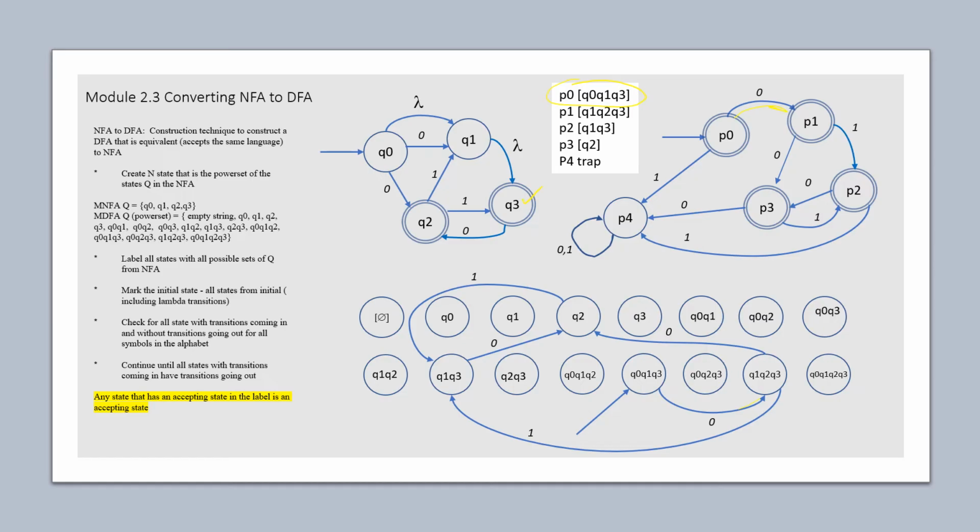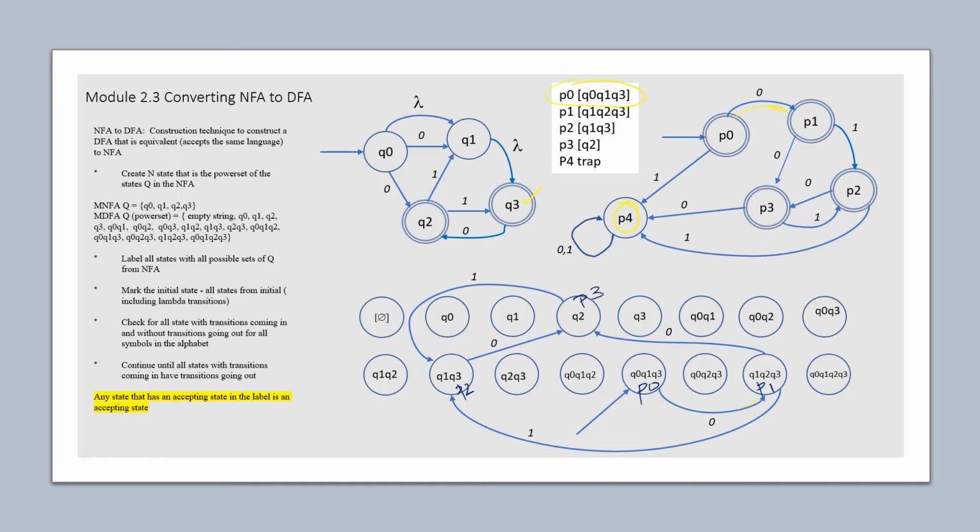And then with a 1 from P0, you're going to go to the trap state, P4, because we did not define what to do here. So this is P0, this is P1, this is P2, and this is P3, and then P4 is our trap state.